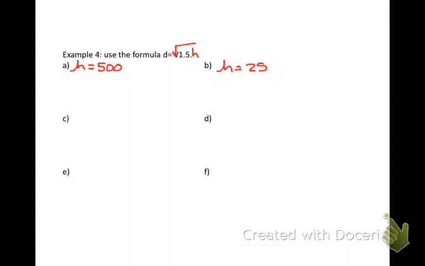Alright, for this you will need a calculator. So first of all, you're going to do square root of 1.5 times h, which is 500 on that one. And so that's the square root of 750. And the square root of 750, just round to the nearest whole number, would be about 27.